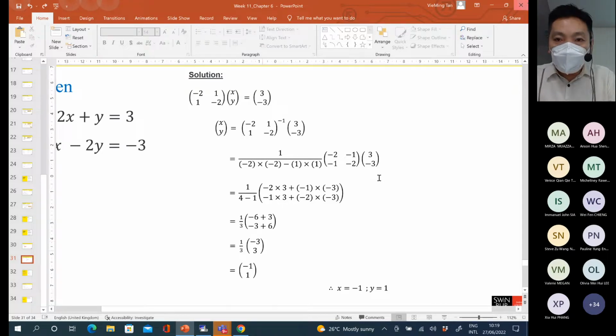This element, +3, is using -1 multiplied 3, then plus -2 multiplied with -3. You'll get +3 here. Then lastly, multiply with this k value, the scalar, 1/3 into each element, both elements. So you'll get -1, +1. So that means the x value is -1, and the y value is equal to +1.